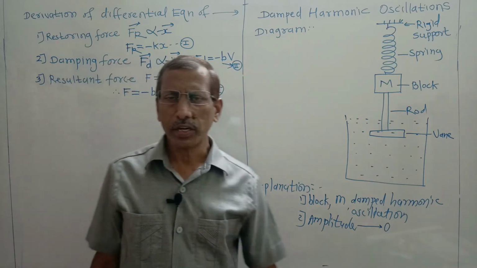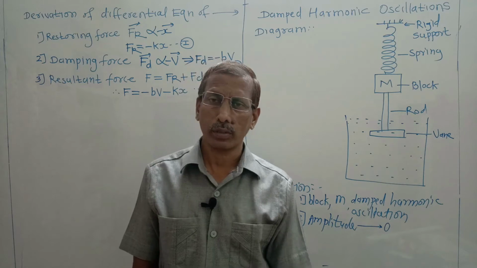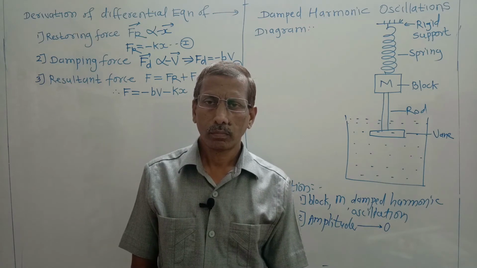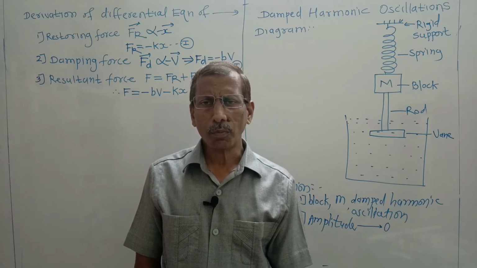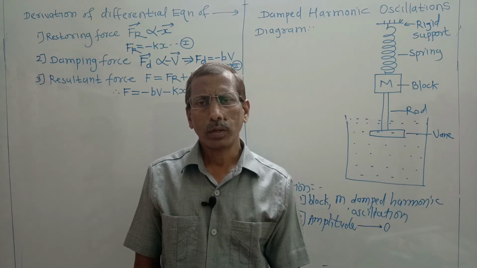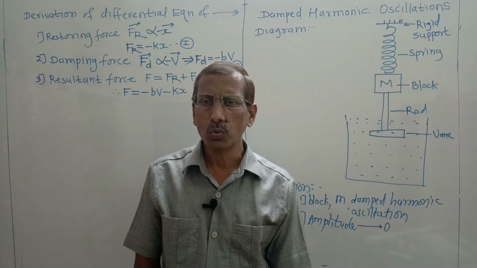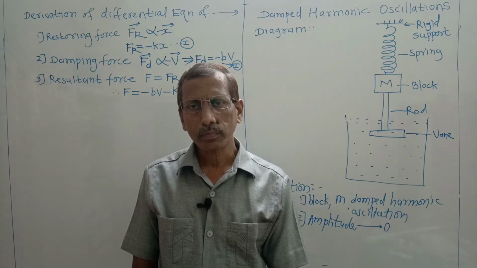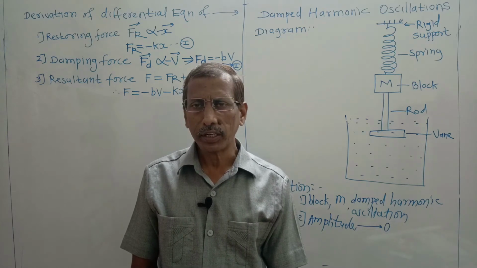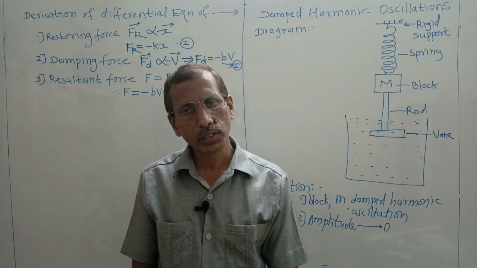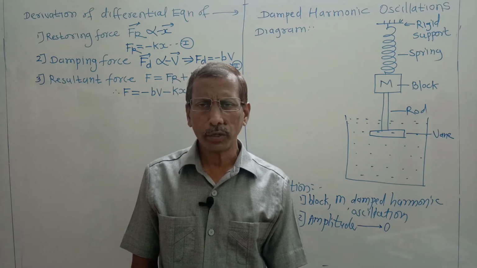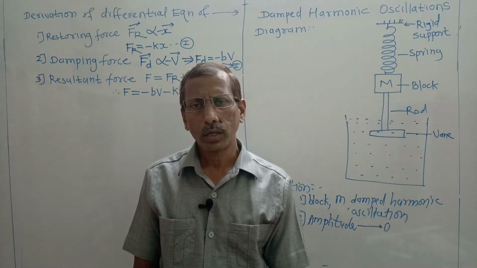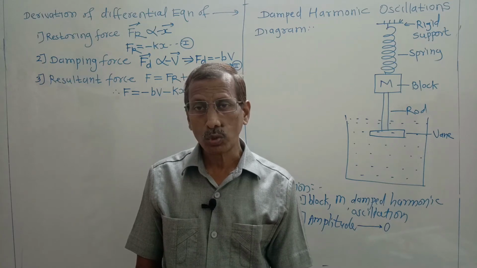As we studied in Newton's laws of motion, the rate of change of momentum is directly proportional to the unbalanced force acting on the body, and it takes place in the direction in which the force acts.